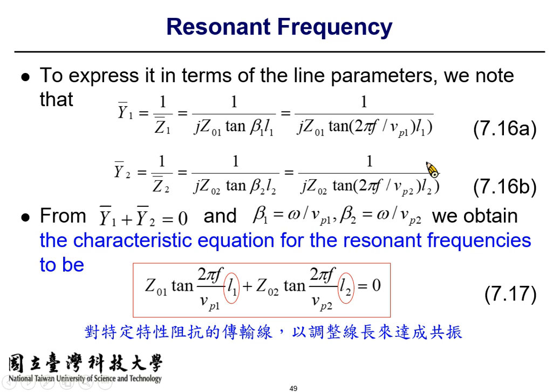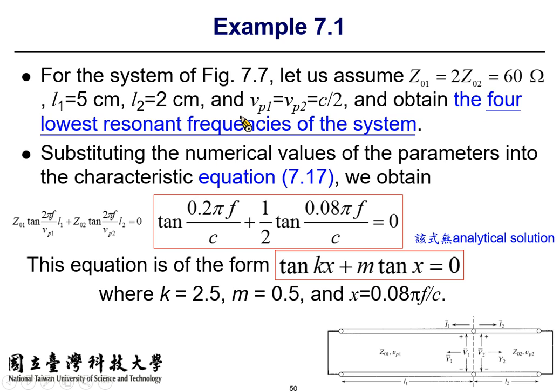Okay, so let's check this with an example. In this example, let's assume the characteristic impedances are 60 ohm and 30 ohm. The one to the left is 60 ohm, the one to the right is 30 ohm. The length of the transmission line on the left is 5 centimeters.